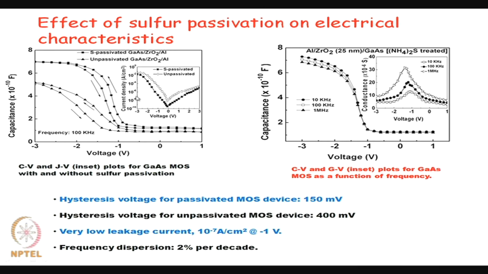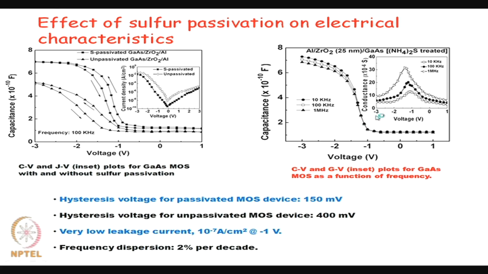Here also we can find a very low leakage current with sulfur, 10 to the power minus 7 ampere per centimeter square at minus 1 volt, and the hysteresis voltage is 150 millivolt for passivated, and without passivation it is 400 millivolt. So, we see that a very low leakage current is obtained with sulfur passivation, and the hysteresis also has gone down from 400 millivolt to 150 millivolt.